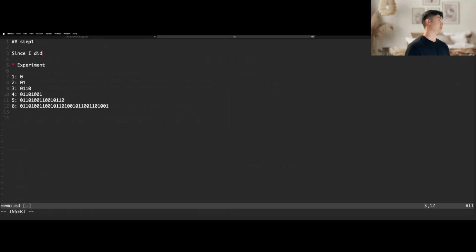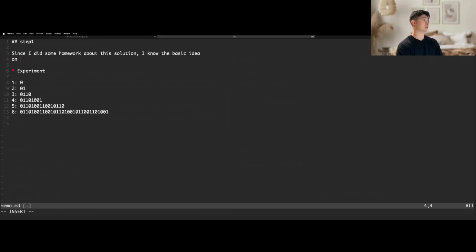Since I did some homework about this solution, I know the basic idea on how to solve this question.